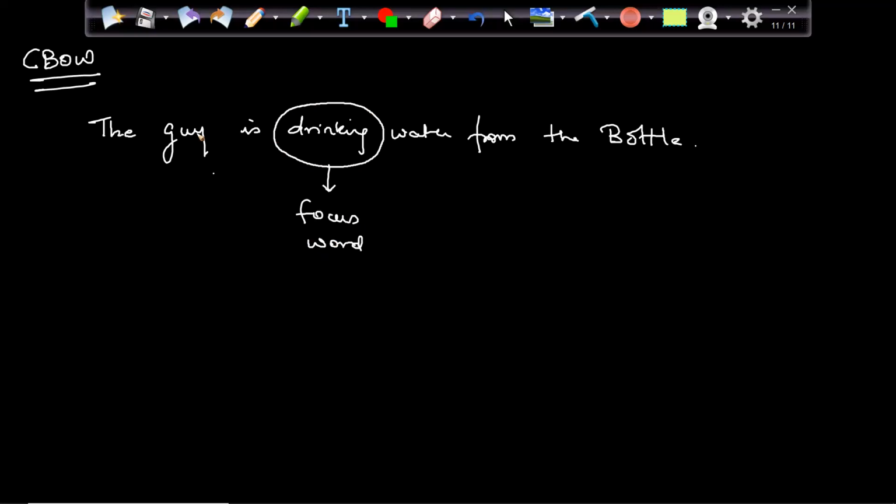We can restrict the context to only the last three and next three words. Let's say as of now, I'm not restricting anything. This is my context word number one, two, three, four, five, six, and seven. These are my context words.